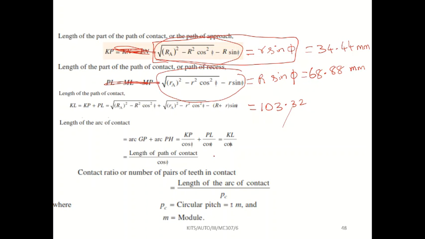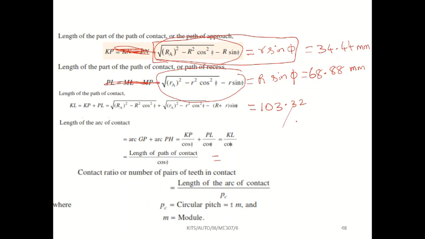Now arc of contact. Arc of contact is equal to path of contact divided by cos phi. That is cos 20. Cos 20 is, I told you, 0.99. Let me see the cos 20 value first. I think 0.93. Okay.